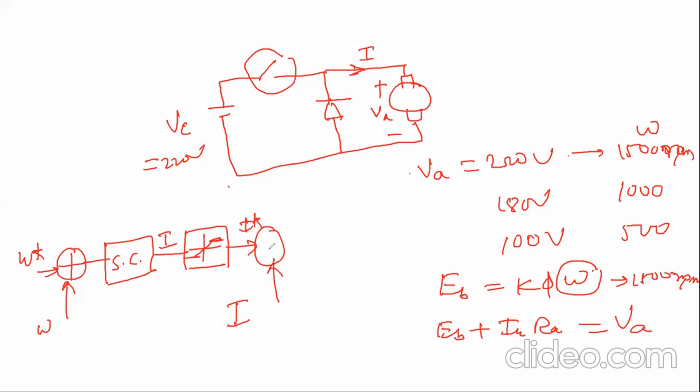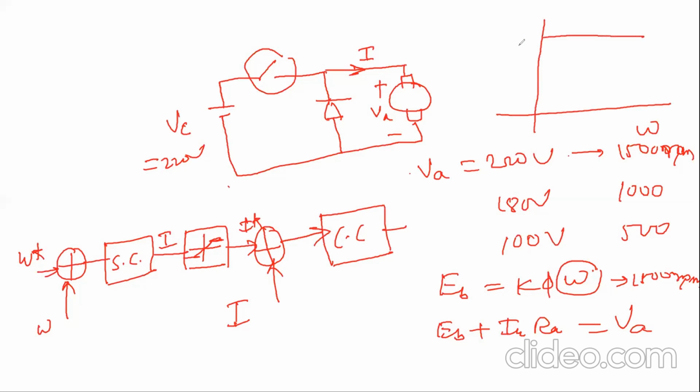This is compared against the reference current set by the speed controller, and its output is given to the current controller. This current controller is again a PI controller. What we want is that whatever value of current I star is set by the speed controller must flow through the armature.